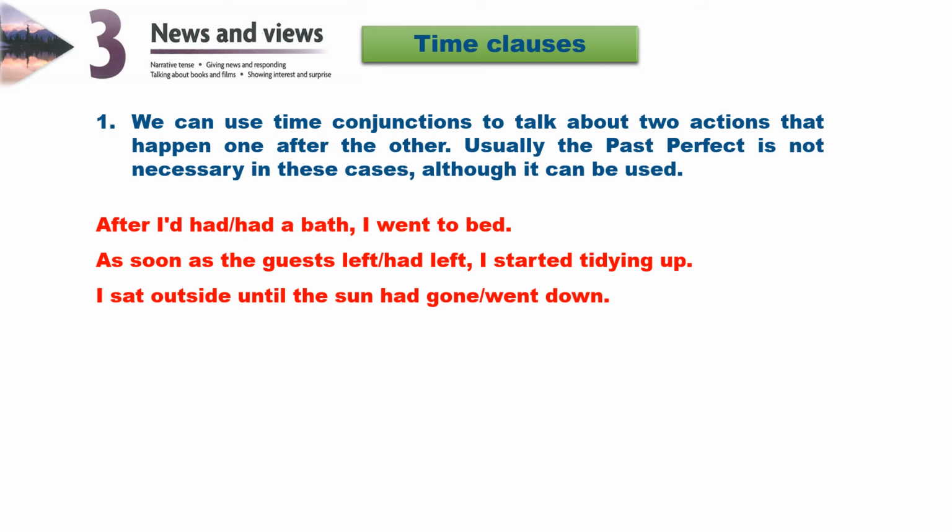So both actions are conjunctions with each other. I sat outside until the sun went down, or after the sun had gone. So the first action is the sun went down, and the second action is I sat outside.